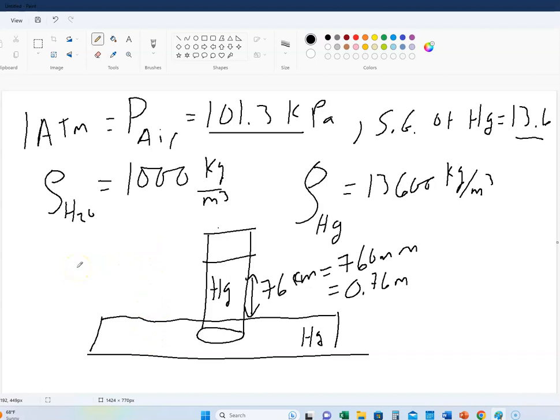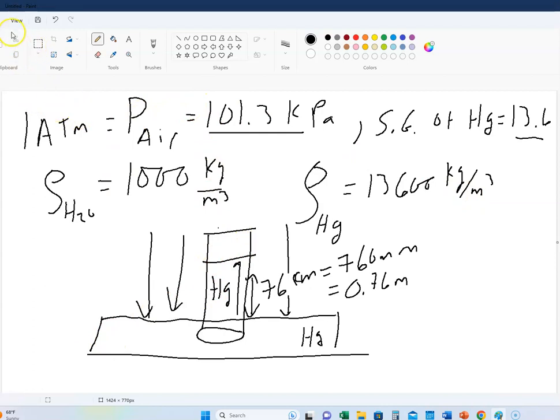And so there's an air pressure that is pushing down on this bath of mercury, and that's what's causing the mercury to rise in this thing, and it'll only rise so far, and it rises up 76 centimeters. So with that knowledge, 76 centimeters, and the fact that mercury has a density of 13,600 kilograms per cubic meter, we can figure out what the air pressure is.